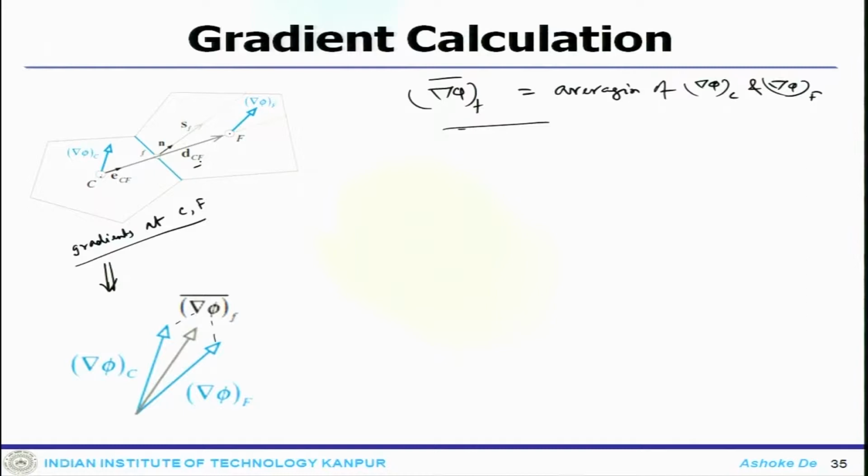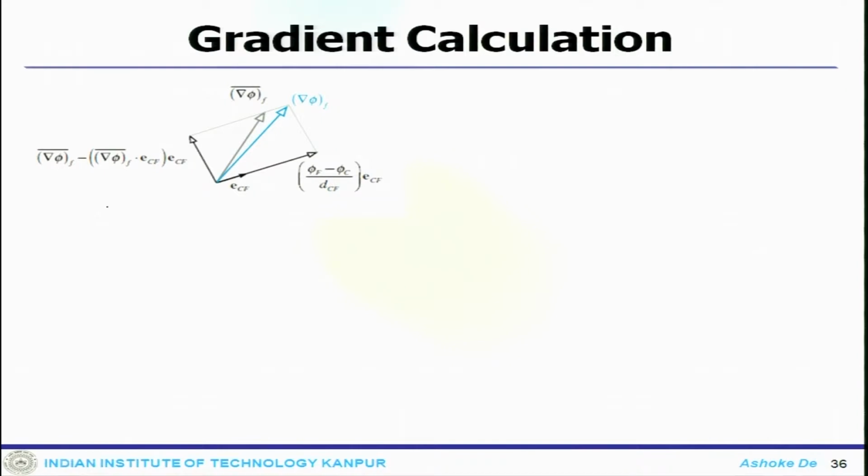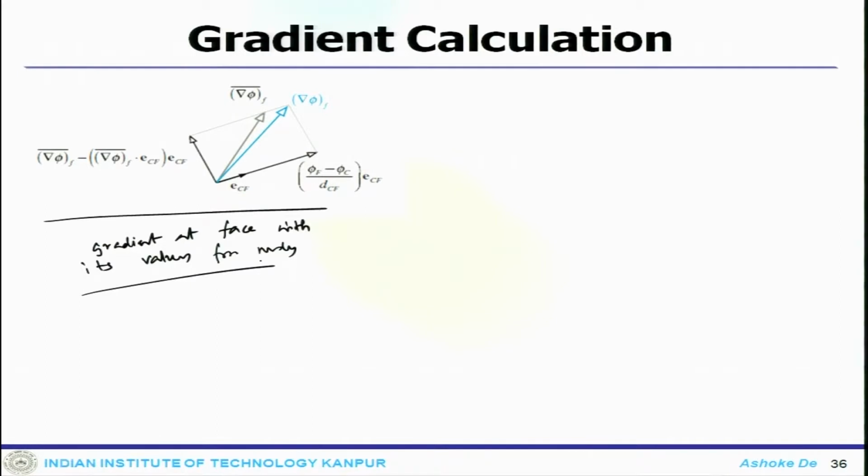If you put these things in vector form, you can actually get the gradient at the face with its values from nodes. This is how you can look at that triangle, and by having that vector algebra you can find the delta phi at the face.